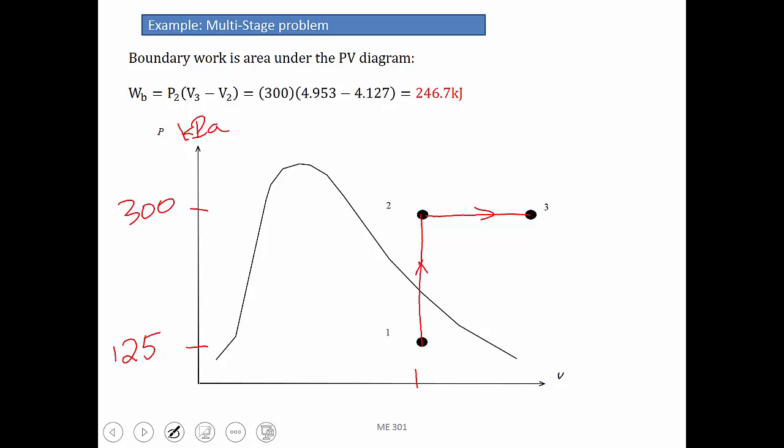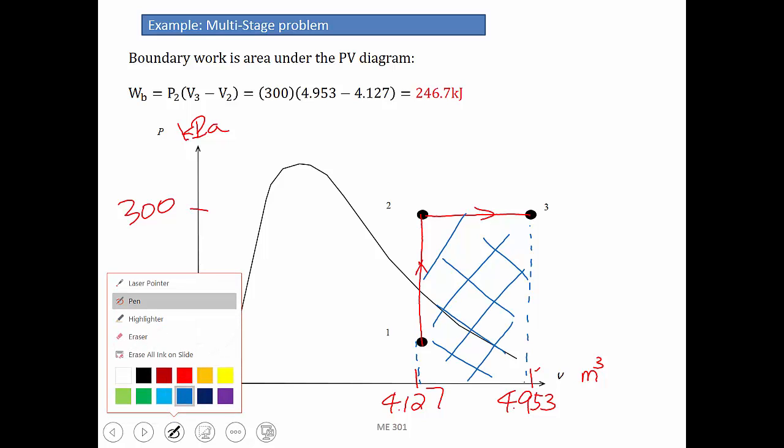And from prior slides, we can find numbers for the volume as 4.127 and 4.953, and the unit of the volume is meter cube. The area under the PV curve is then a rectangle area.